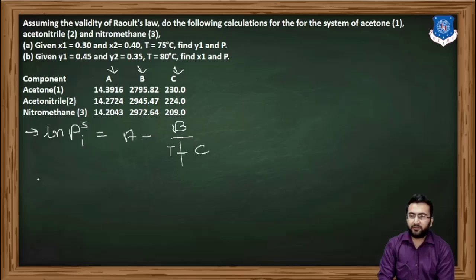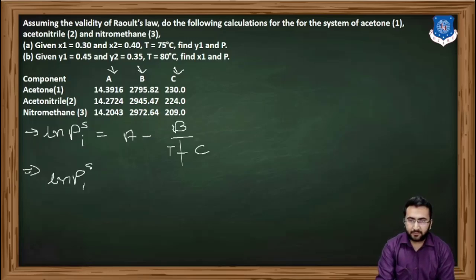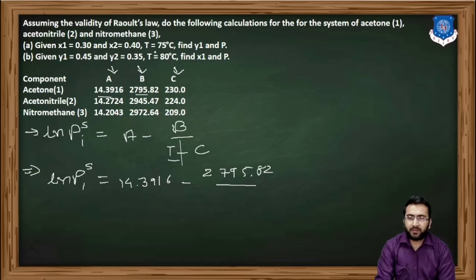So let's first make the equation for all three systems. Let's first write for ln P1S. For P1S, A is 14.3916, minus component B, which is 2795.82, divided by T plus C, where T is the temperature, 75 degrees Celsius, and component C is 230.